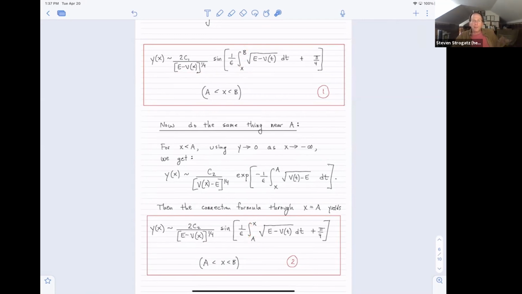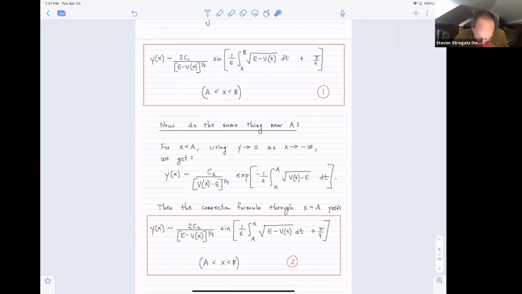So they look a little bit different. And what I want to do now is just a little bit of high school trigonometry to make them look the same. That's really all I'm going to be doing here.